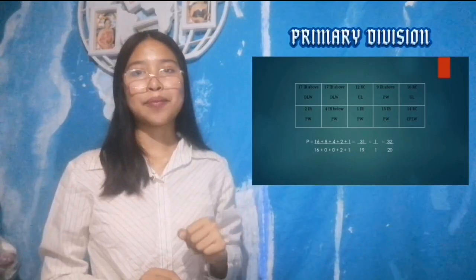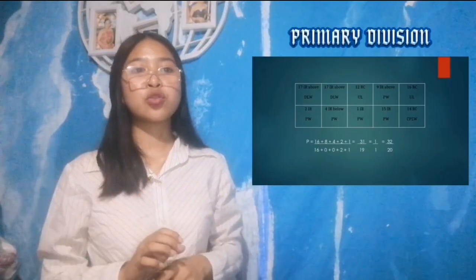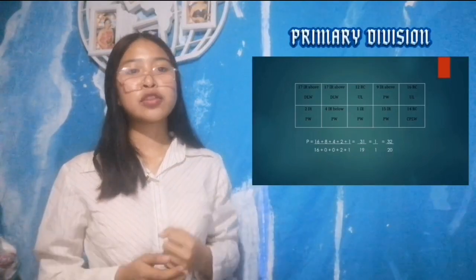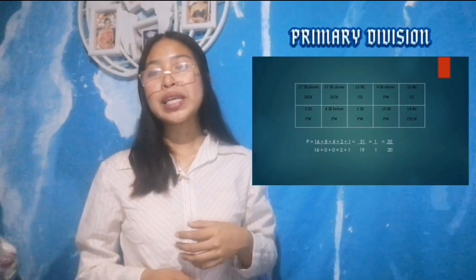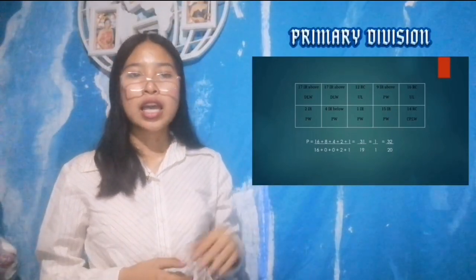Next is the third step. As I said earlier, the primary division is the result of the summation of all the numerical values assigned to whorls. So there will be an addition, and you need to write their values below.